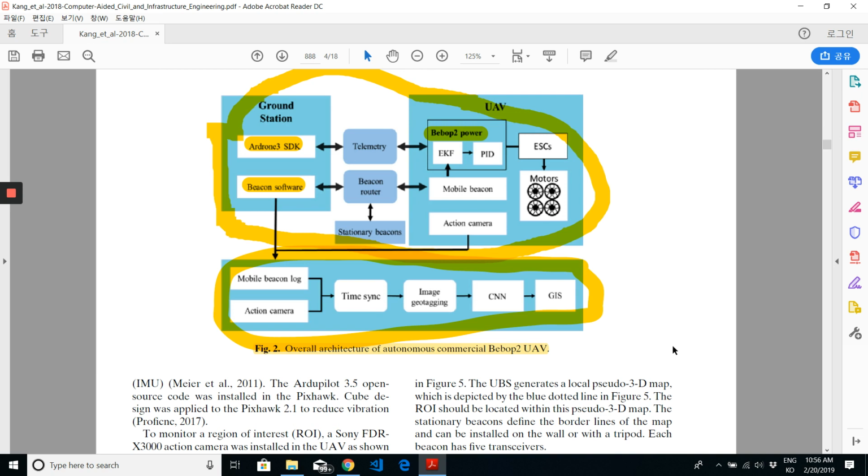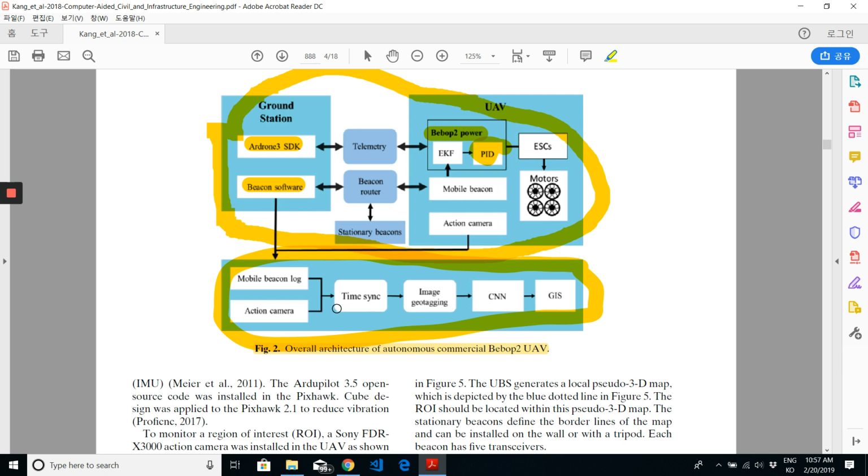I strongly recommend just using a commercial UAV, equipping the ultrasonic beacon system on top of the UAV, and then making some simple position controls using PID control. In that case, it's a much lower burden on your system.